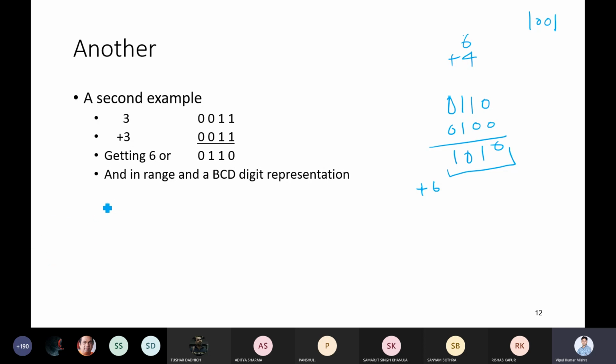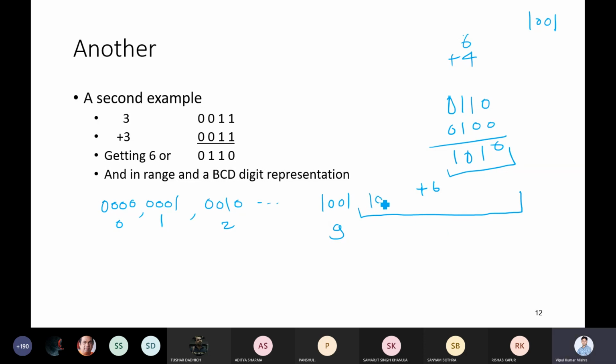Now from where is this jump coming? Suppose 0, 0, 0, 0 represents 0, then 0, 0, 0, 1 is 1, similarly 0, 0, 1, 0 for 2 and so on. Once you say 1, 0, 0, 1, this is for 9. After 9, how many bit combinations are not used in BCD?